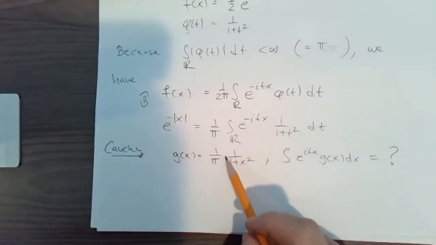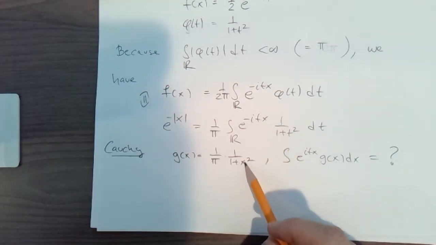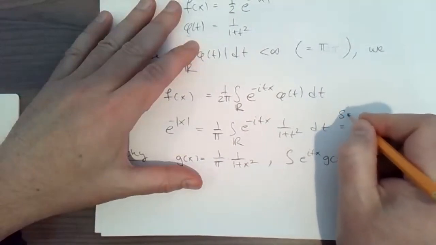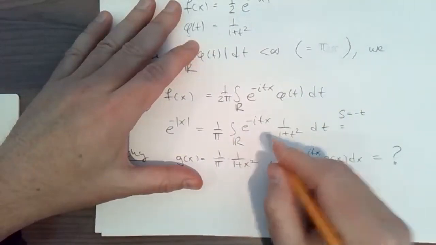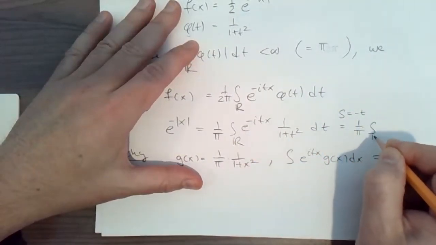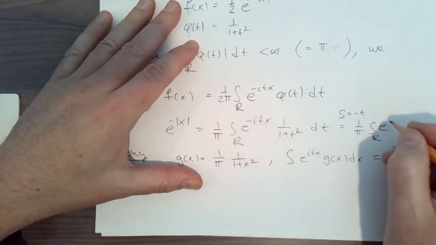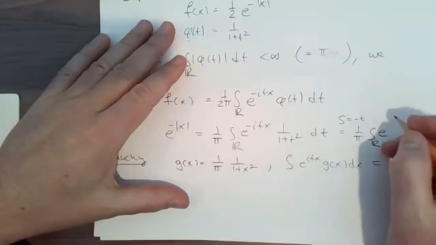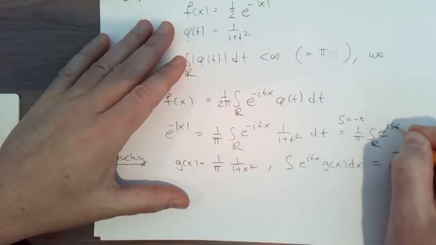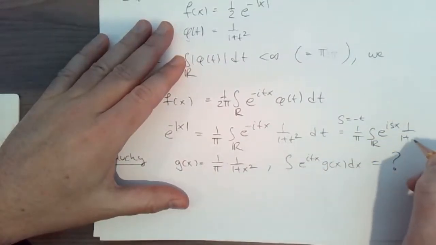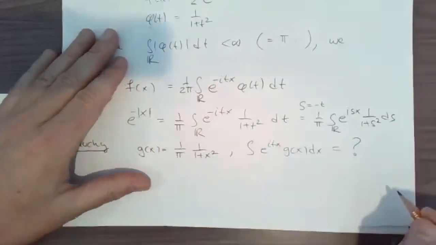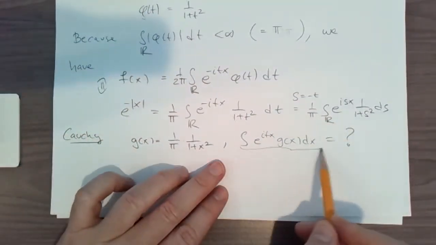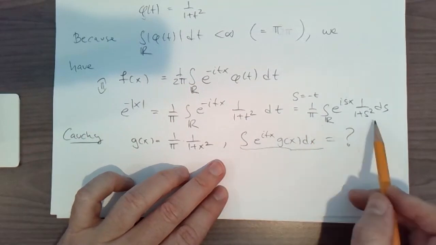It's 1 over pi, and then instead of x here, you will have a t. So if you write this as a substitution where s is equal to minus t, you'll get 1 over pi integral over R of e, and then you get rid of the minus sign. So this is i, instead of t, is now s. And you'll have 1 over 1 plus s squared ds. So you can see you're interested in what is that, but this is exactly what you have up here.